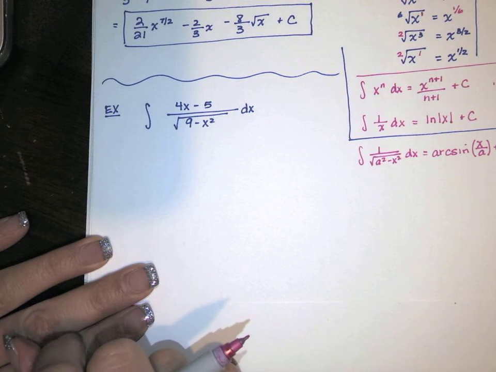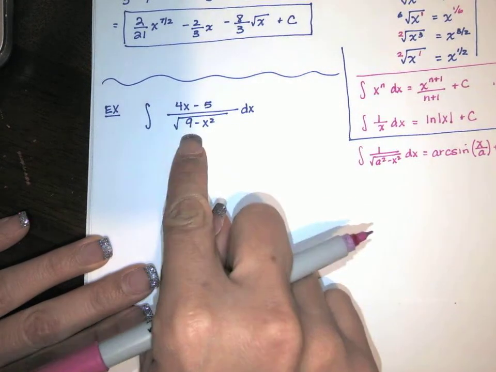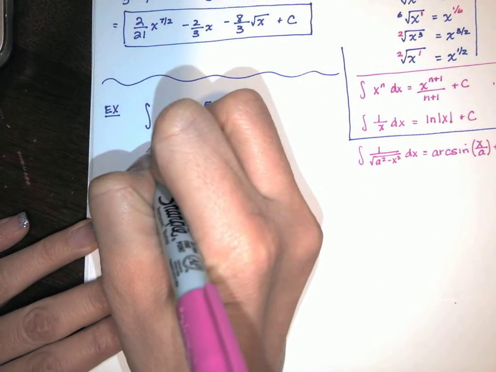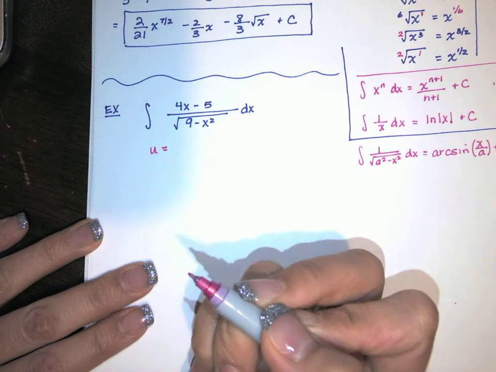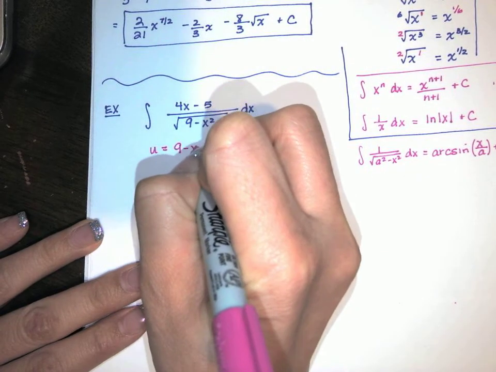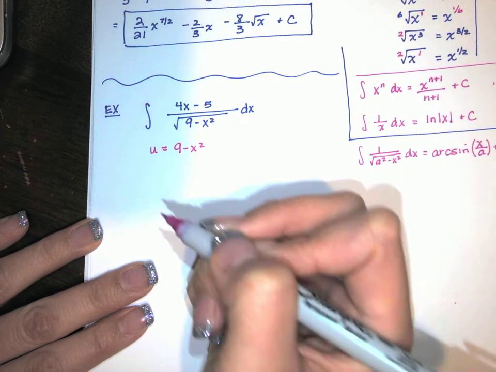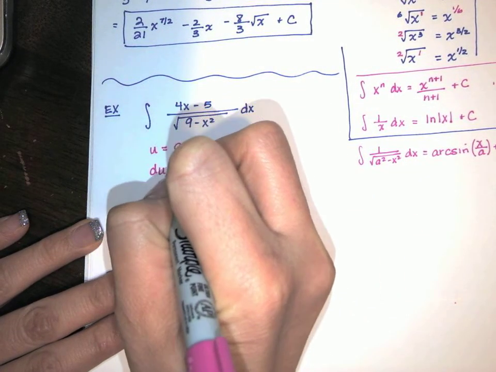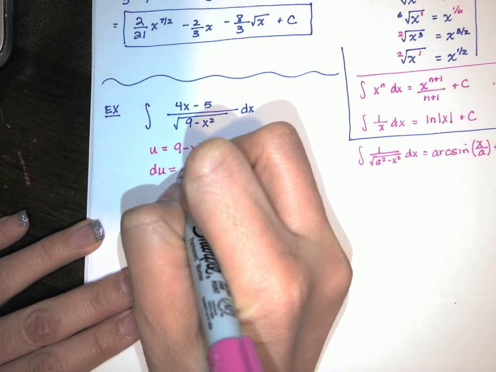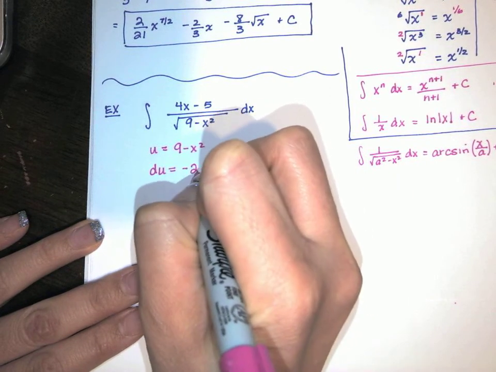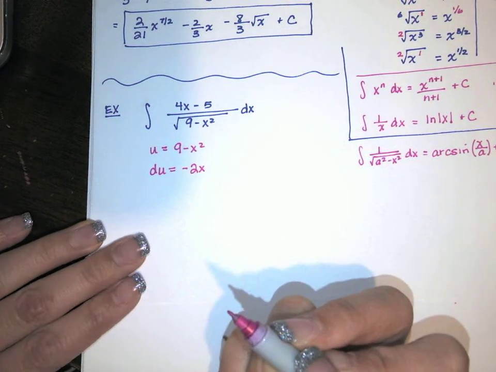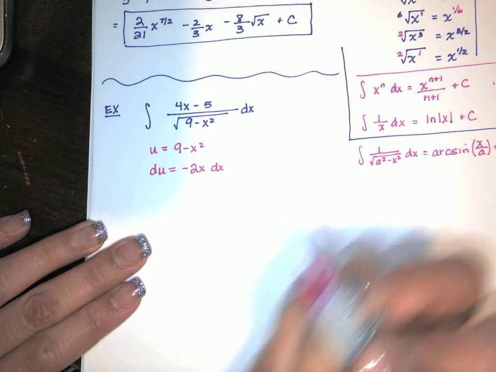But for this, I can't do it. Let's say I tried to do the u sub. Use my inside function, that's 9 minus x squared. du is the derivative of that times dx. The derivative of 9 is 0. The derivative of negative x squared is negative 2x. Don't forget your dx.